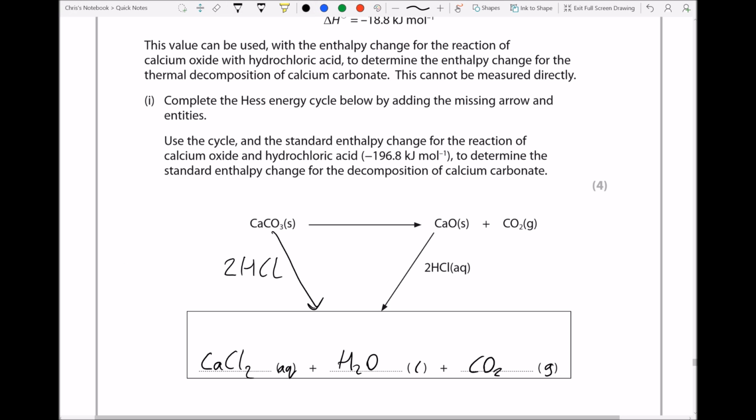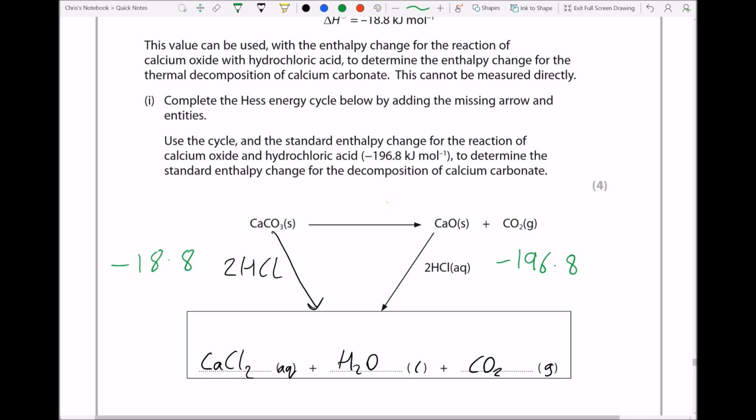I'll put this in a different colour. We've also been told that the standard enthalpy change of reaction of calcium oxide and hydrochloric acid is minus 196.8 kilojoules per mole. So we're going to put that there. That's told us that value there.